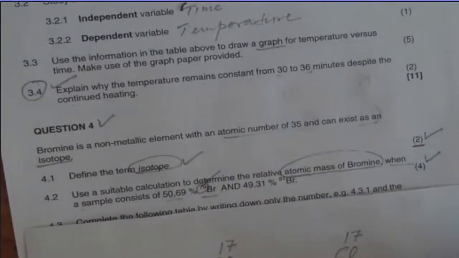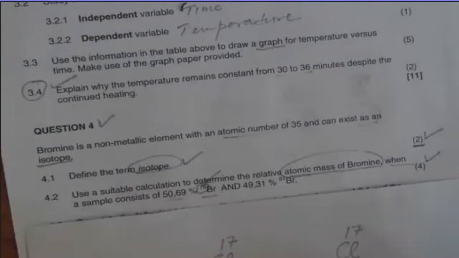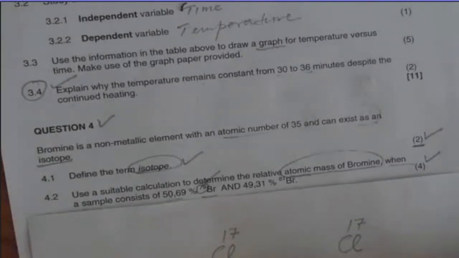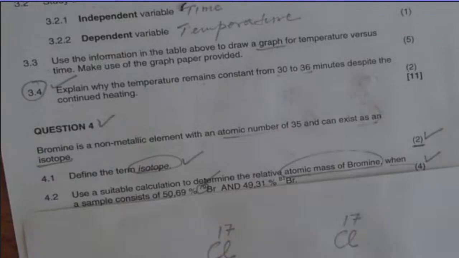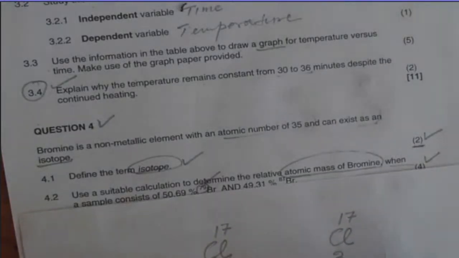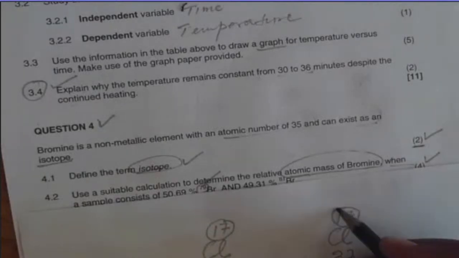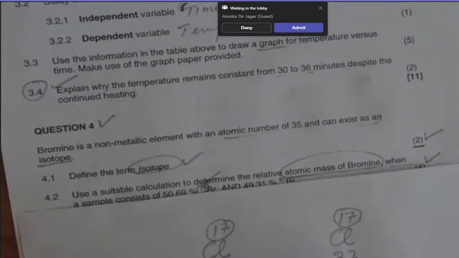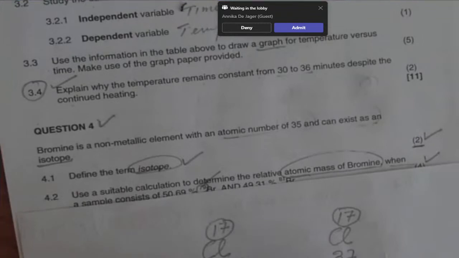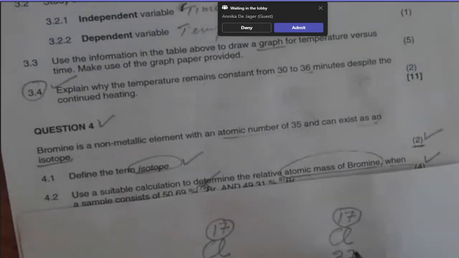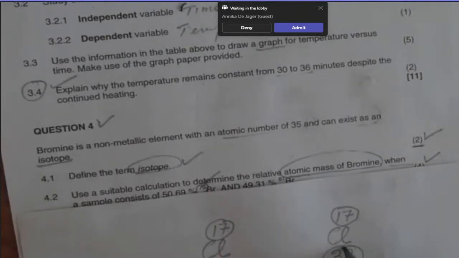It should be the same atomic number, but different mass number. So if I put 37 there, it will be the same atomic number, but what is different is the mass number. This one is 35,5 and this one is 37.